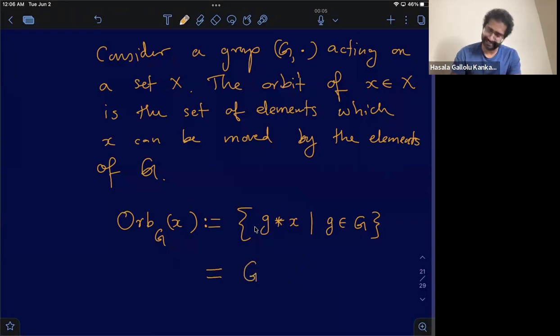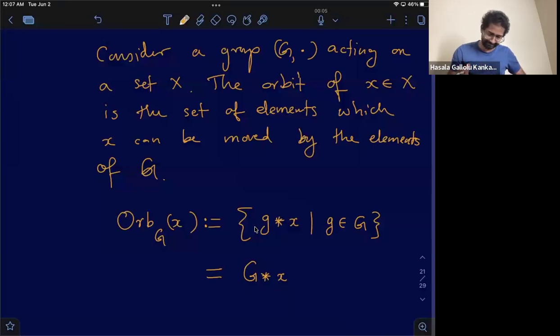It is none other than G acted on X. So if you get this group and let each and every element act on this particular element X, that will bring this element everywhere possible. So you look at all these possible outcomes, and when you consider them on the space of X, that is going to be the orbit.